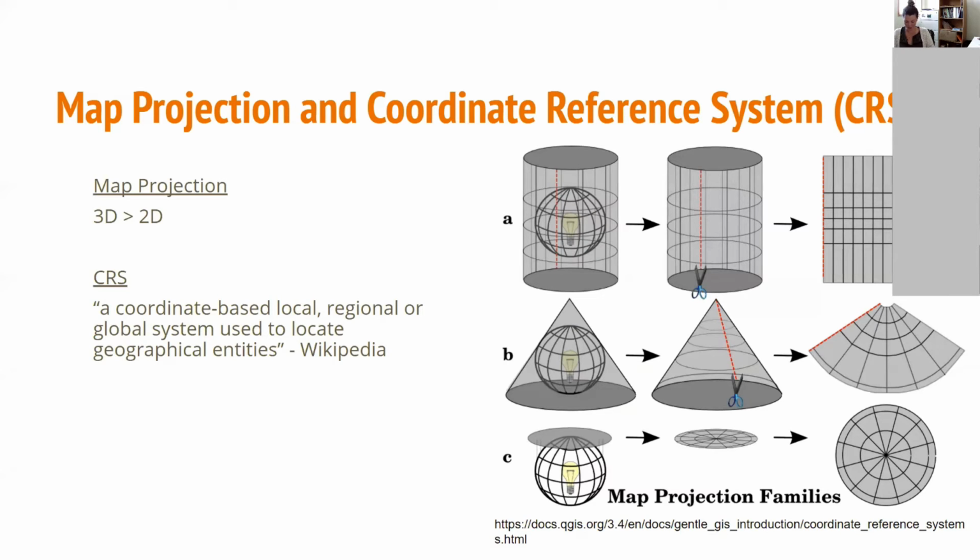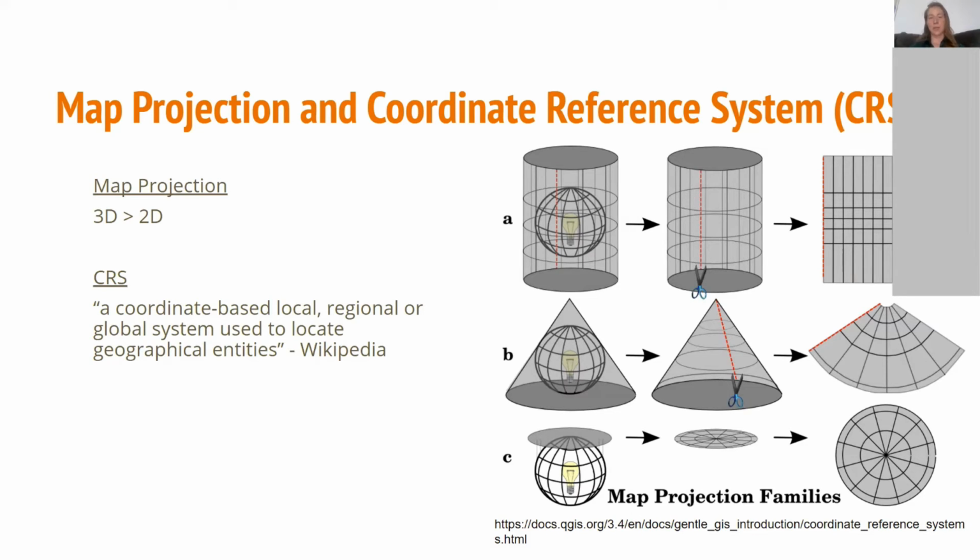And it really rewinds all the way back to, I don't know if in grade school you ever had the orange problem, where you have your orange peel, but when you need to make it flat, you run into this problem of what's the best way to peel the orange and what's the most even way to do that and accomplish that. And that's the exact same thing that we run into when we're working with geospatial data. We are trying to make a 3D object 2D, and there are a lot of problems that come along with that.